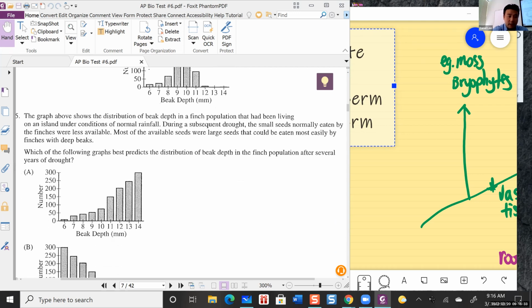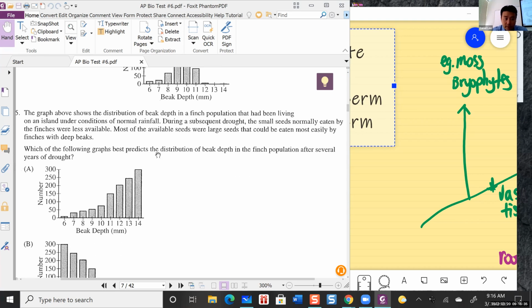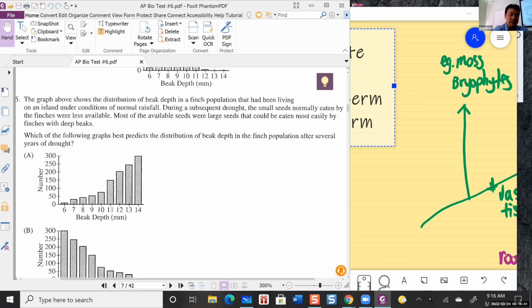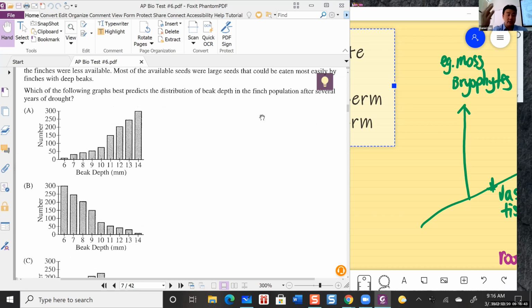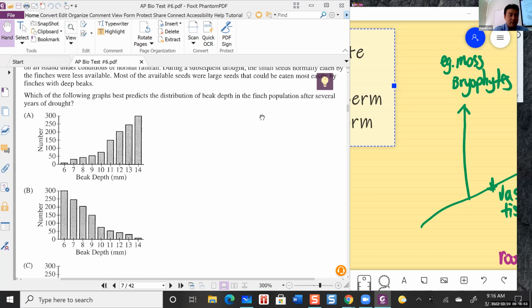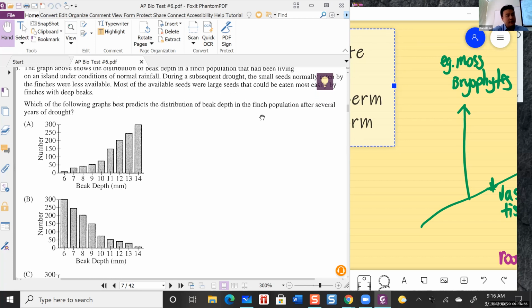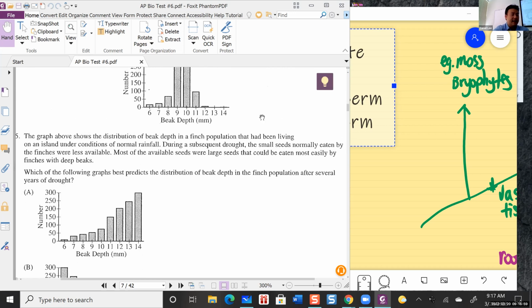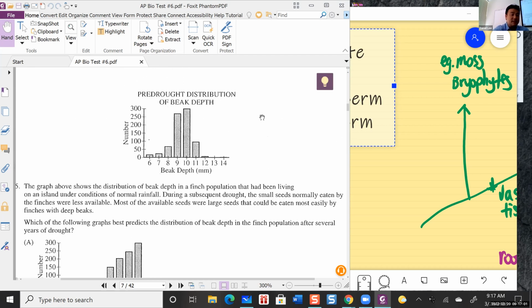So the question is, which of the following predicts the distribution of beak depth in the finch population? There's going to be directional selection. Natural selection has 3 types. Directional selection favors the long one, which is the example here. There's also stabilizing and disruptive. So in this case, the only directional one is A. You're favoring beaks that are deeper than 8, 9, and 10, right? 9 and 10 was the average here.